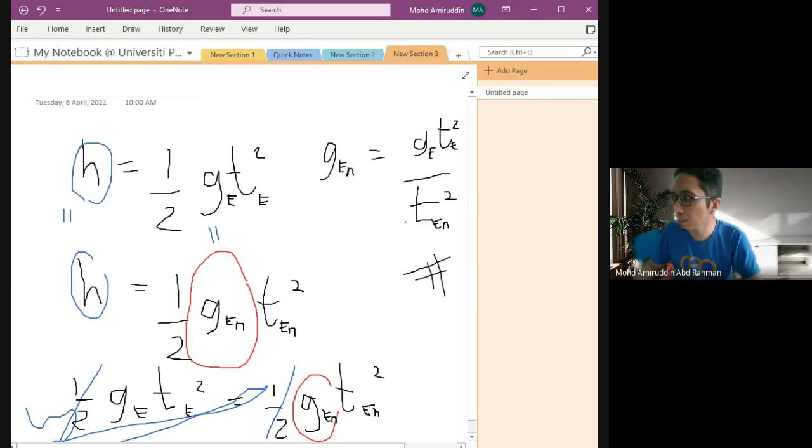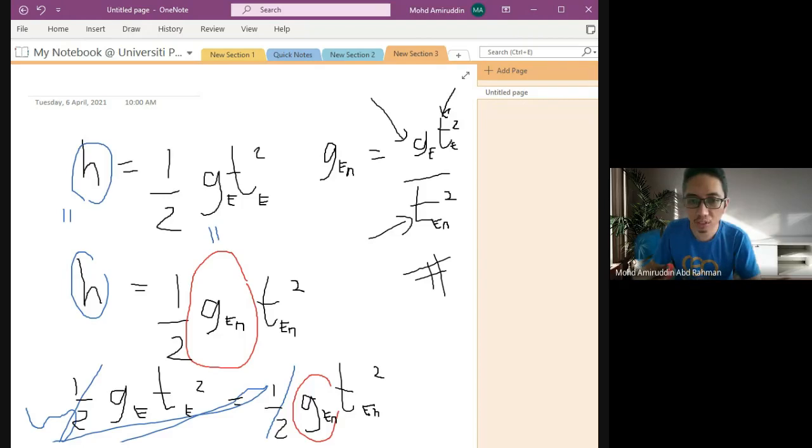So you just plug in those values. The acceleration due to gravity of the Earth is 9.8 meters per second squared. For t_E, 1.75, squared, and divide by 18.6 squared. Your answer will be 0.0868 meters per second squared. Okay, so that's the answer.